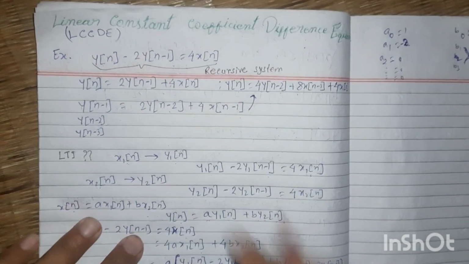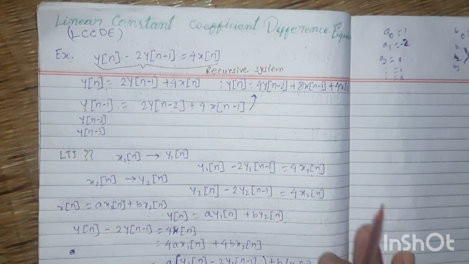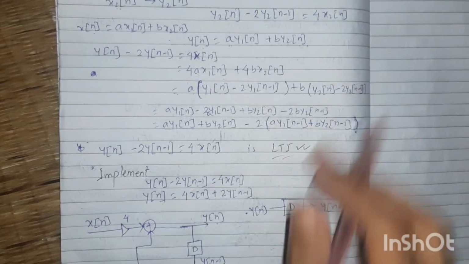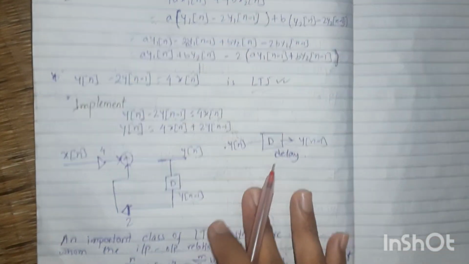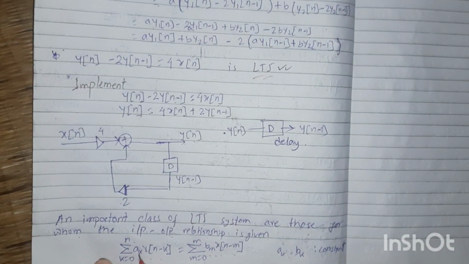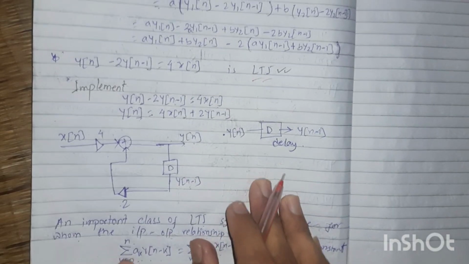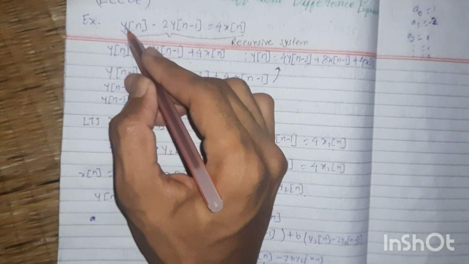In our case, this equation can also be satisfied. At the output side, when we take k equal to 0, meaning a naught y of n, for y of n the coefficient a naught is 1.